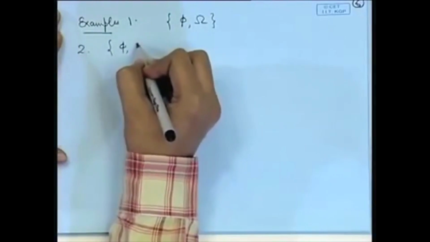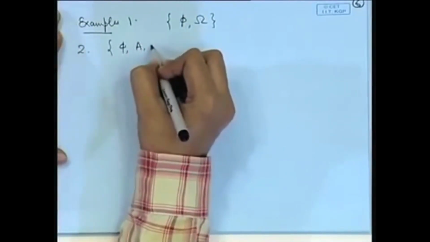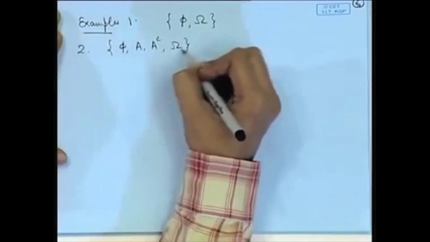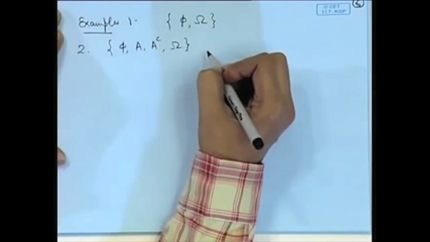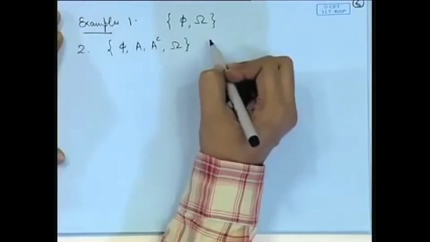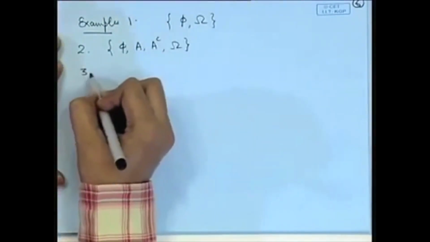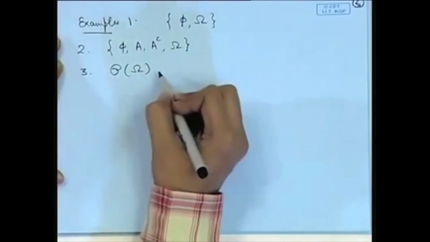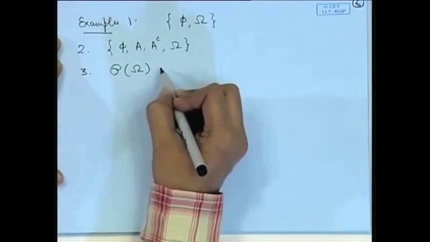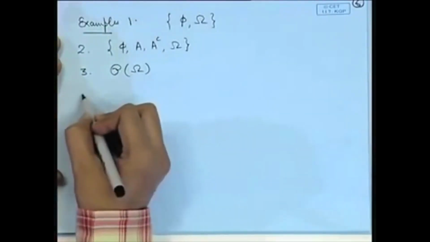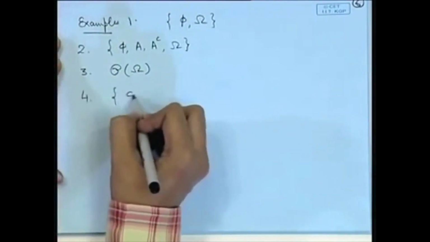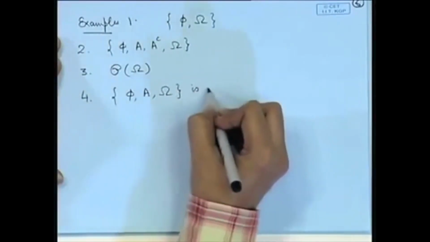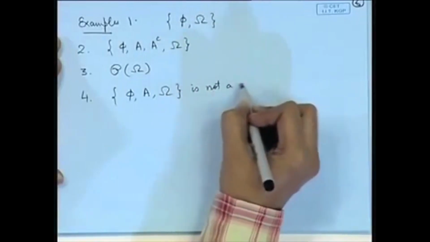If I include A and A complement, then you can consider it as the smallest algebra containing the set A. If I consider the power set of omega, certainly it is an algebra because all the subsets are already included here. See, if I consider a set like phi, A and omega, then this is not an algebra because A complement is not there.